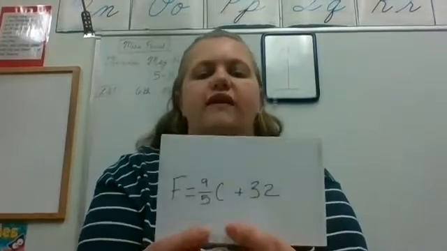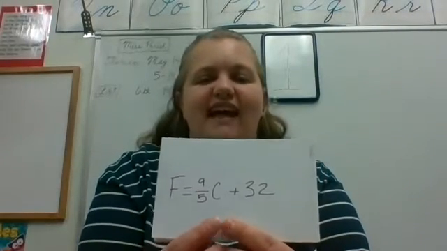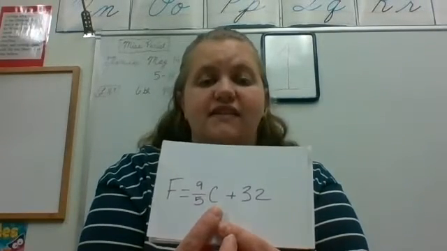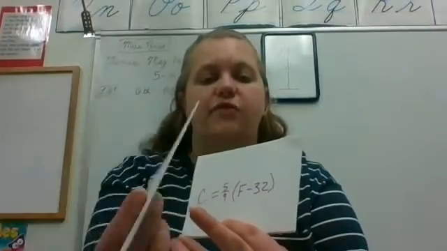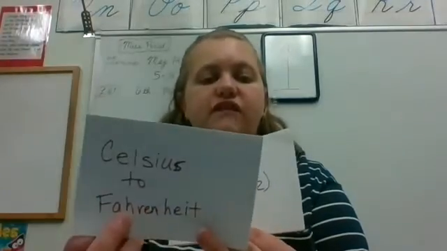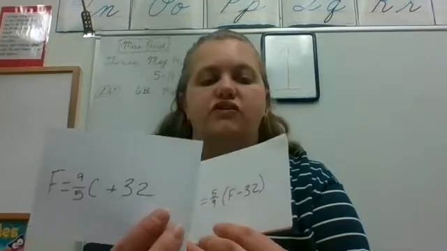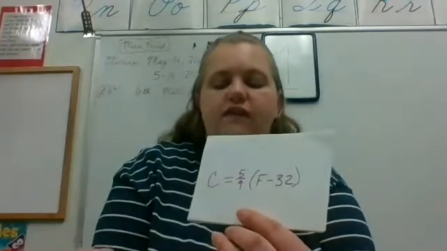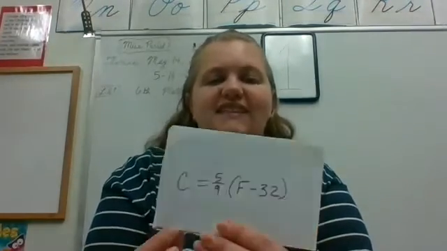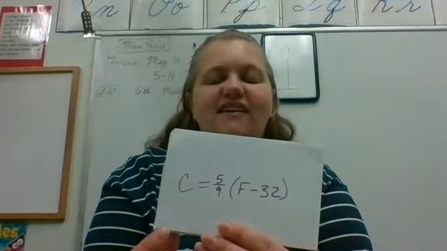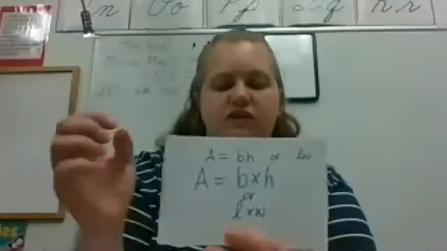What do we call this? This is Celsius to Fahrenheit, okay? Remember, the last one mentioned, Fahrenheit, is what it starts with, F equals, all right? And then this one would be Fahrenheit to Celsius, all right? Good job, Fahrenheit to Celsius. So know how to distinguish that, all right?